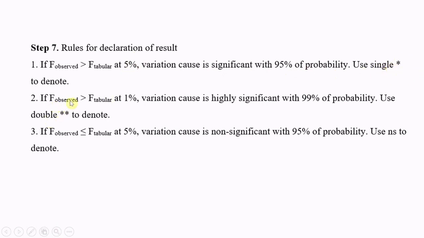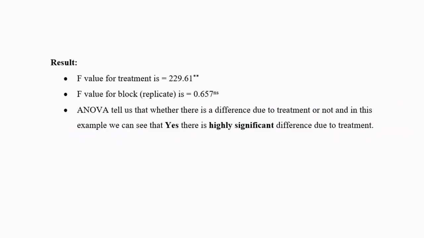If the observed F value is greater than tabular F value at 1%, that means the variation is highly significant with 99% probability, and we denote the F value using double star. And if the observed F value is less than or equal to tabular F value at 5%, that means the variation is non-significant. So this is our final result.